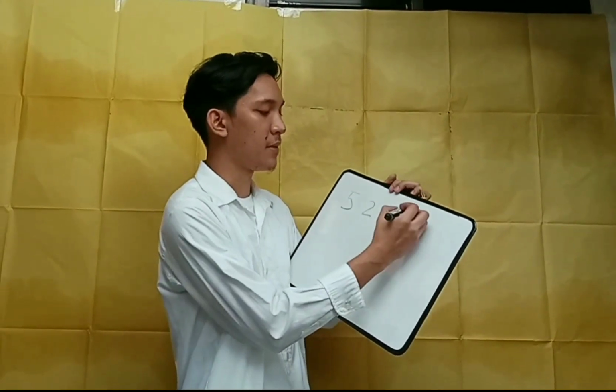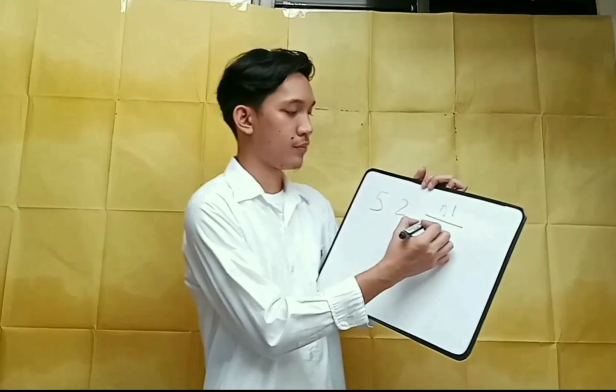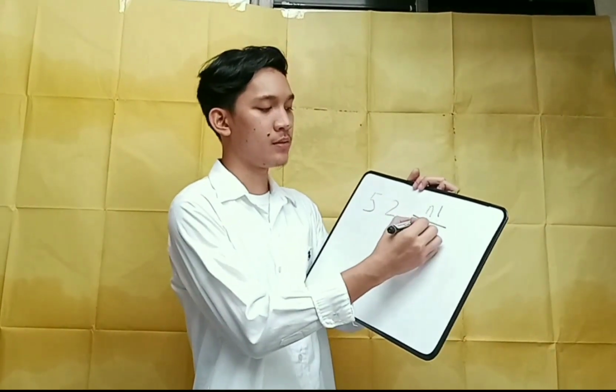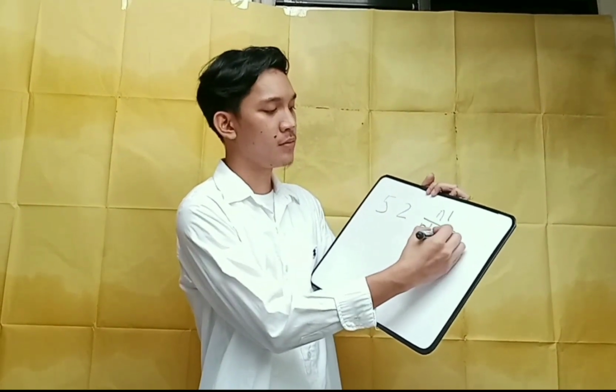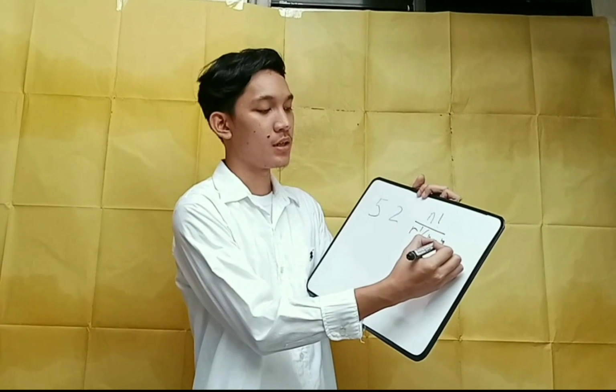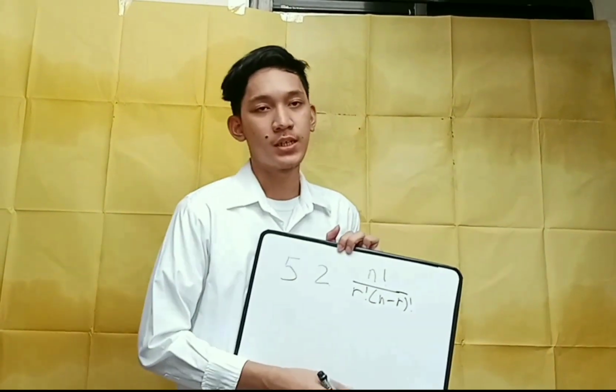I'm going to apply the formula for the combination, which is n factorial over r factorial times (n minus r) factorial. That is the formula for the combination.